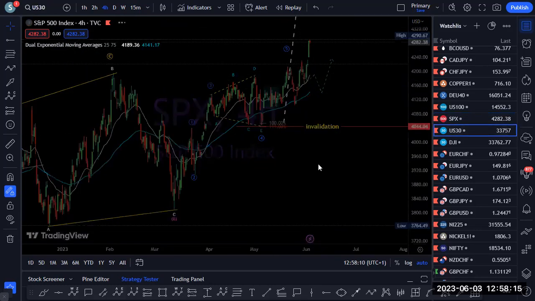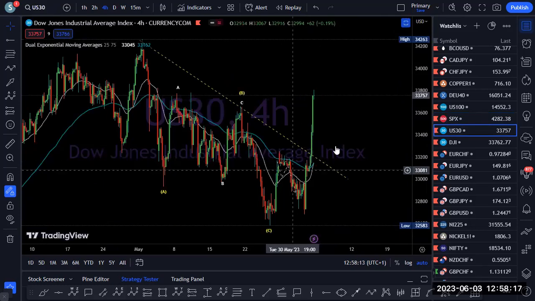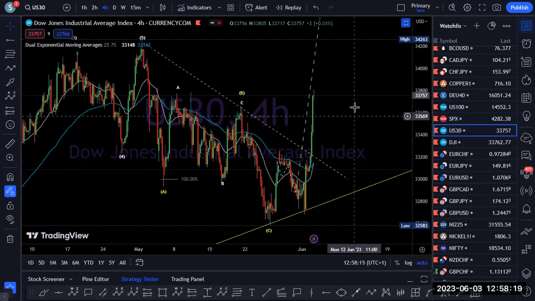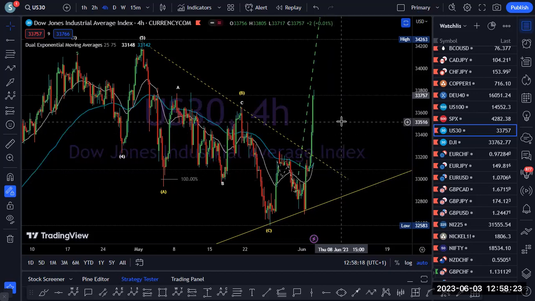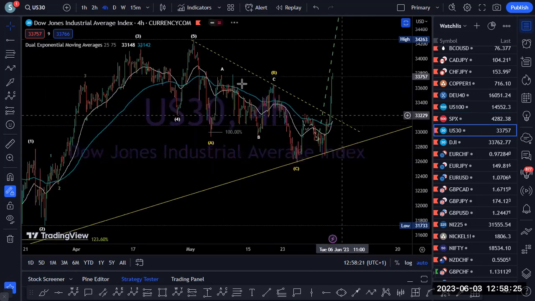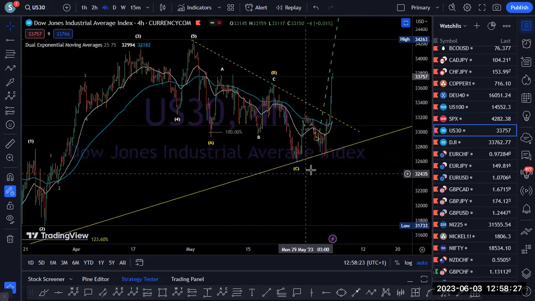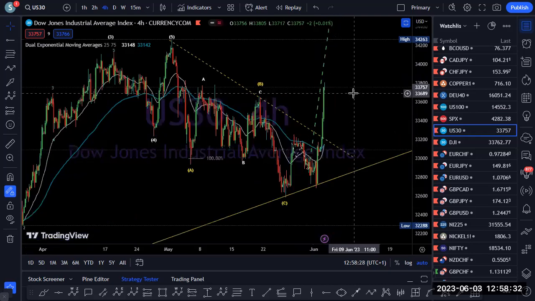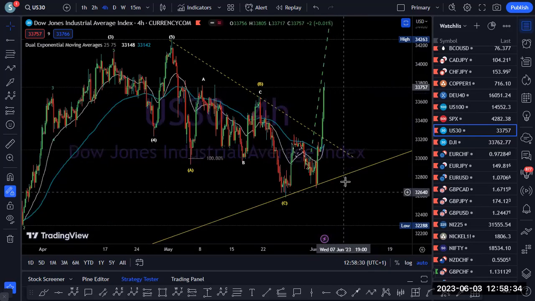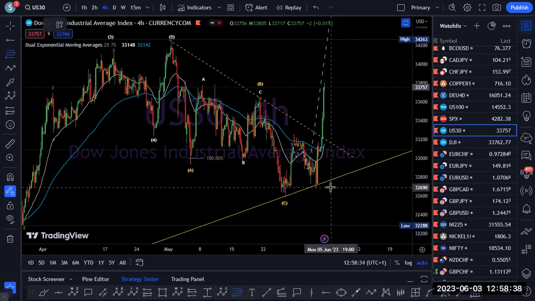Okay, then US30. Wow, US30 has confirmed the buying. You know, wave analysis is sweet. You see our ABC, and this is the correction, and now it's going up. So have you joined the buyers? Or if you don't trade it, no problem. If you trade it, what will you do?